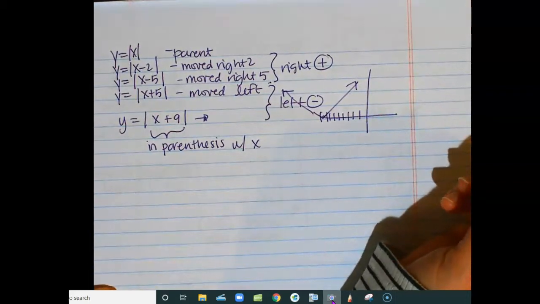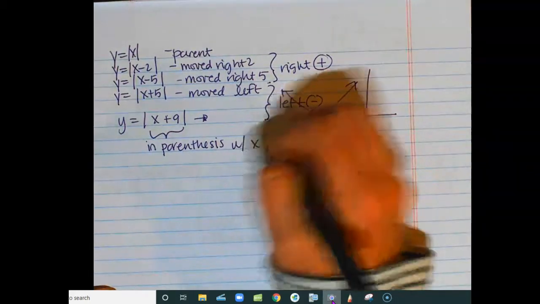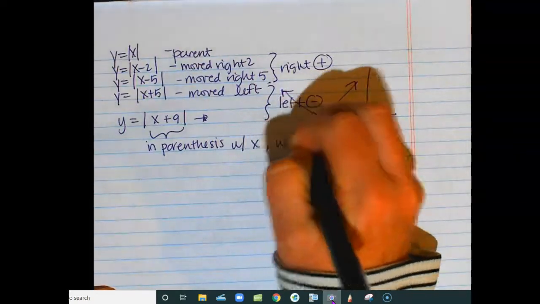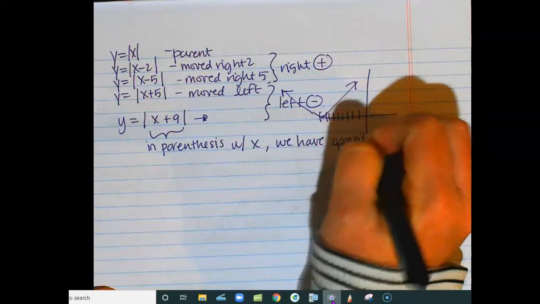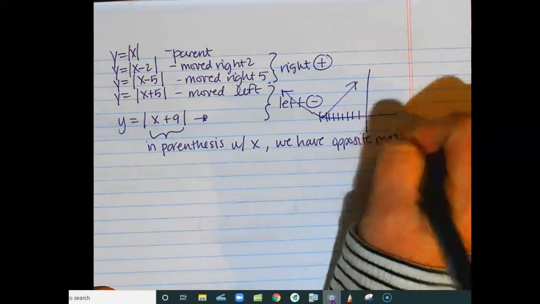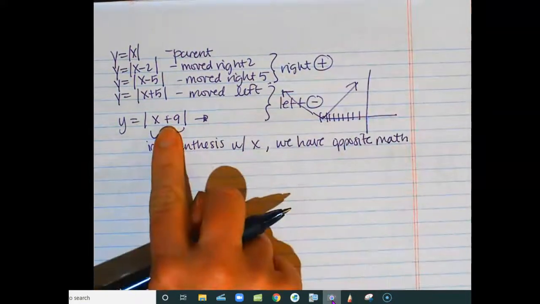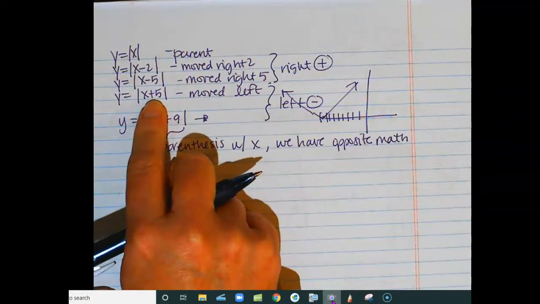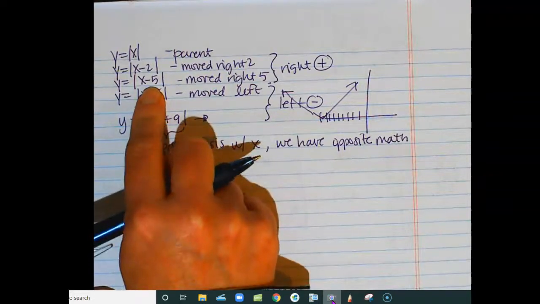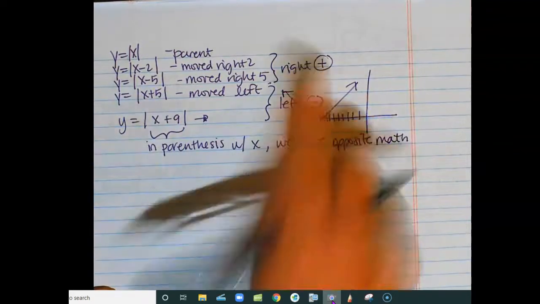In parentheses with x, we have opposite math. That means that if it says plus 9, it's really going to do the opposite. It's going to go negative 9. If it says plus 5, it's going to go opposite math to negative 5. This says negative 5. Opposite math is positive 5. So write 5 in the positive direction.